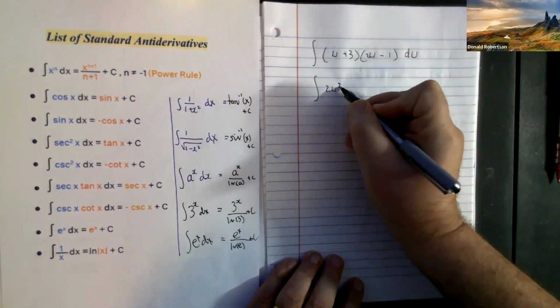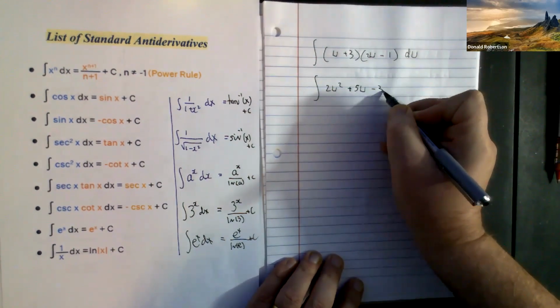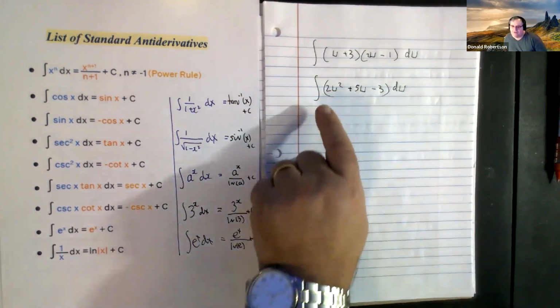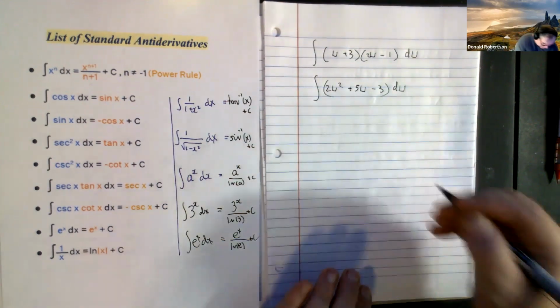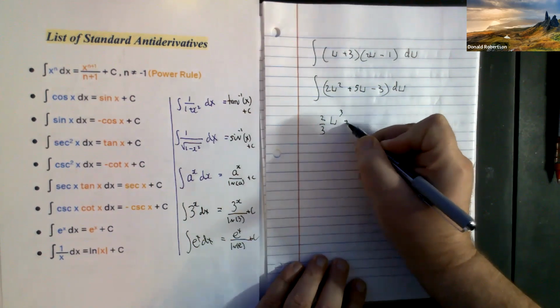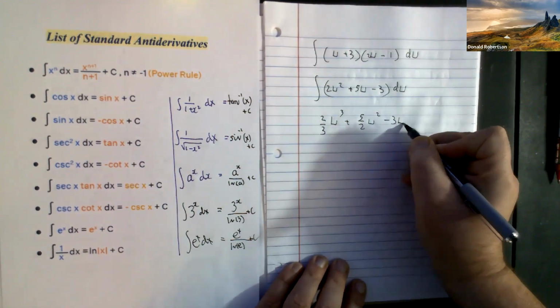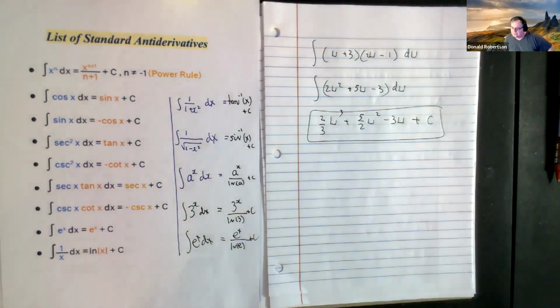And isn't that pretty much what we did yesterday, didn't we? We've done questions like that. Wasn't the only difference, it was from 0 to 4. So once you've foiled it, you add 1 to the power, divide by the new power. You add 1 to the power, divide by the new power. Boom. Done.